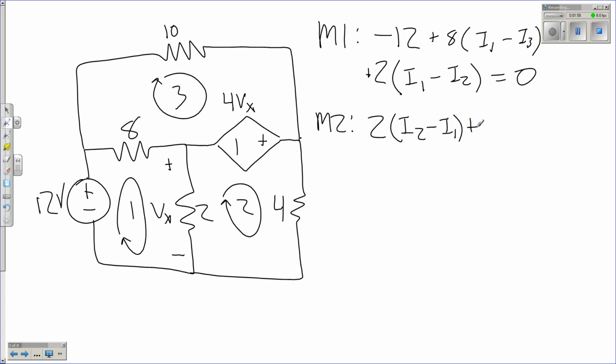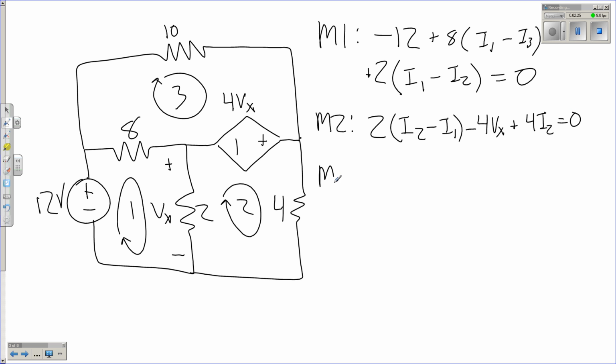Now we have our voltage source coming through the negative, so actually what we need to do is subtract it, just as we did for the regular independent voltage source, for Vx. And we come down through the 4 ohm resistor, 4 I2 equals 0.